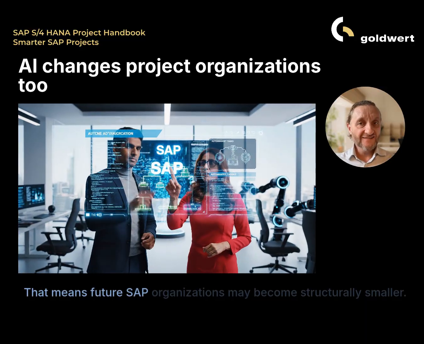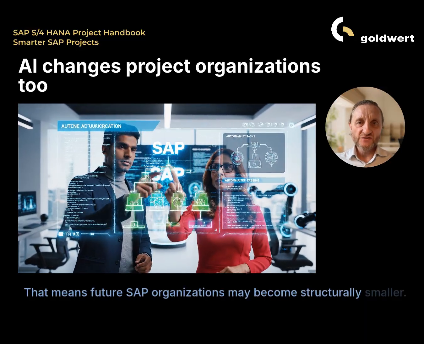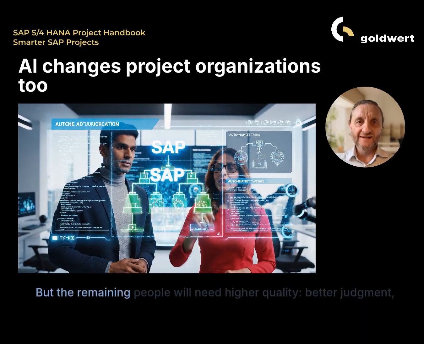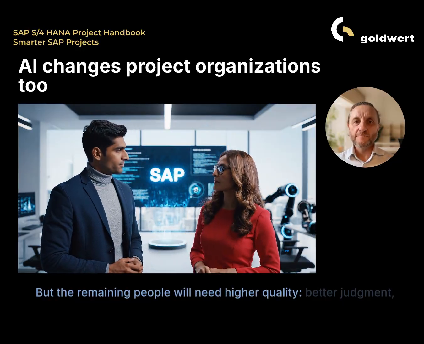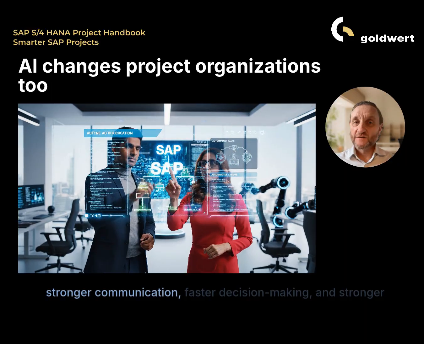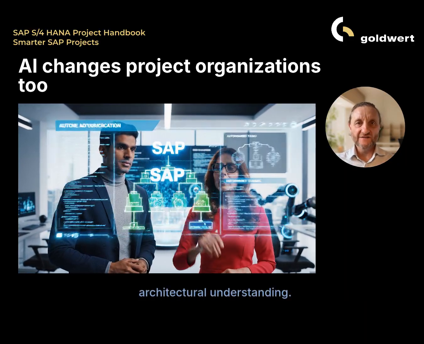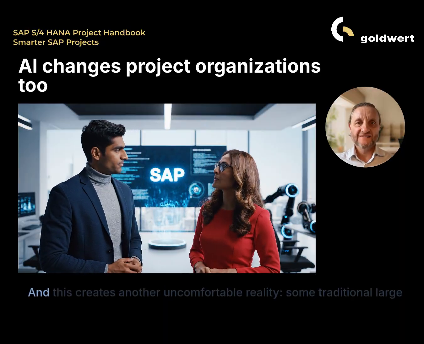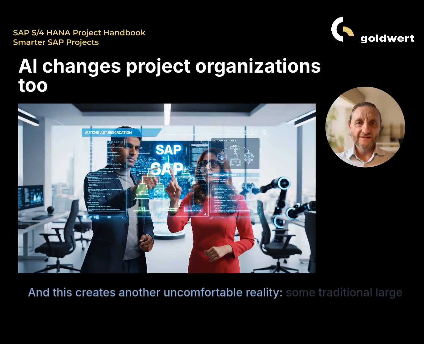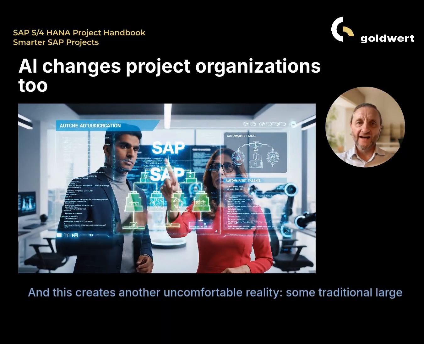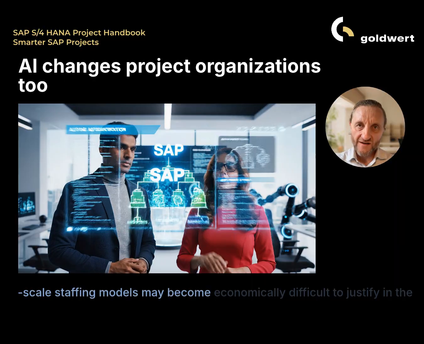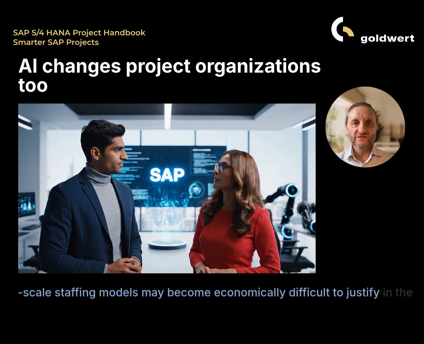That means future SAP organizations may become structurally smaller, but the remaining people will need higher quality, better judgment, stronger communication, faster decision-making, and stronger architectural understanding. And this creates another uncomfortable reality. Some traditional large-scale staffing models may become economically difficult to justify in the future.